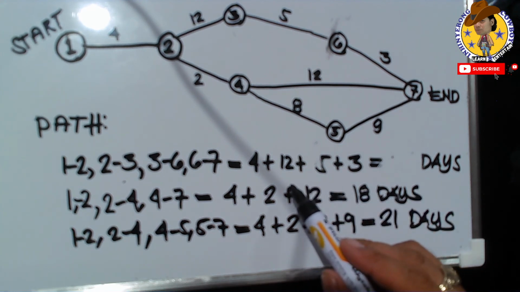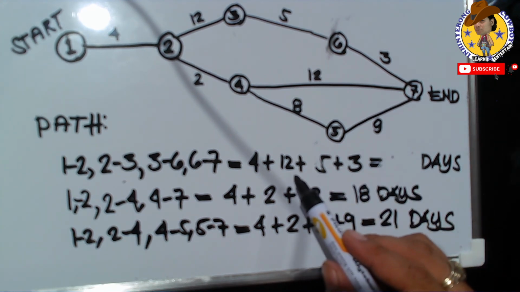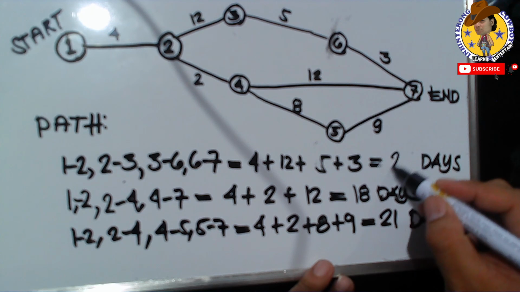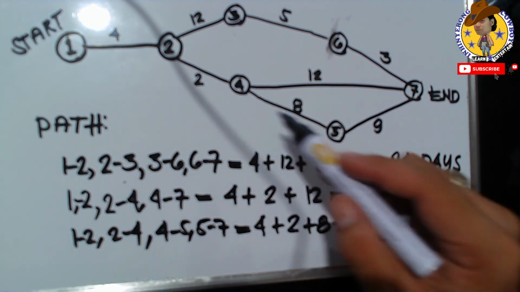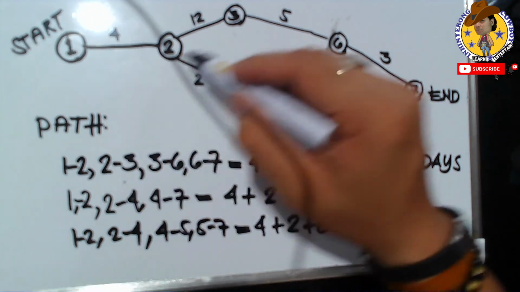This is 24. Okay, so this is only 24 days. So 4, 12, 5, and 3 for this path.